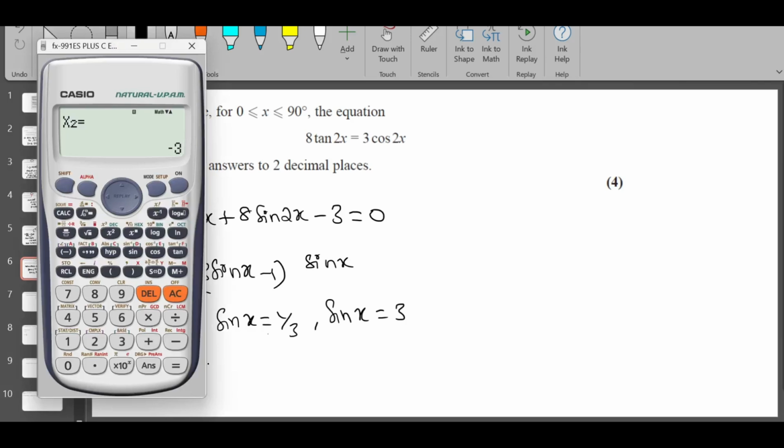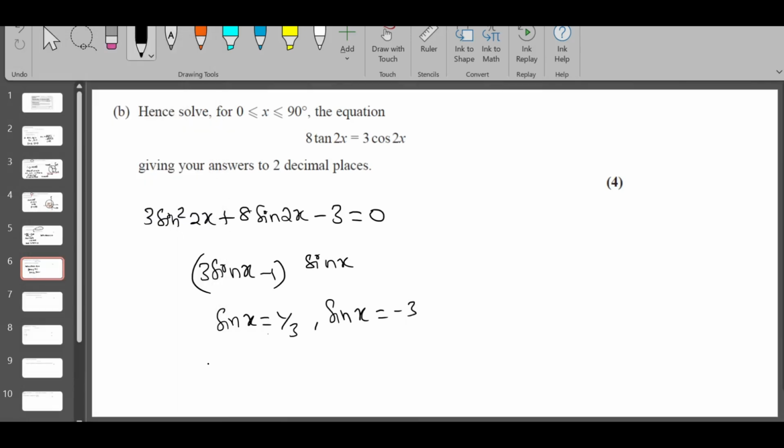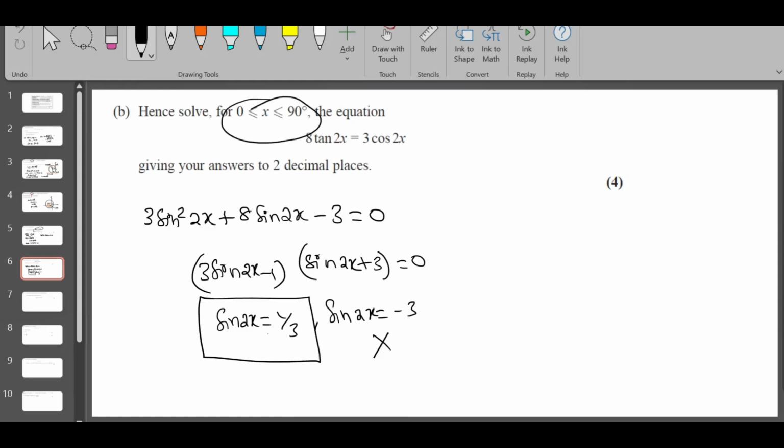This was minus 3 actually. Now we need to solve these two equations. This has no solution because the range of sin x is minus 1 to 1. We are going to solve only this equation. I made a slight mistake here. It has to be sin 2x, not just sin x. So we are going to solve this in this limit now.